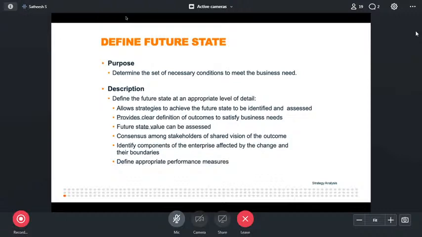You know what is happening in SBI, what the assets are and everything. You will take that input, the business requirements, and translate those business requirements into the future state. How am I going to achieve those business requirements? What is the path? What method should I follow? This is what is called defining the future state.